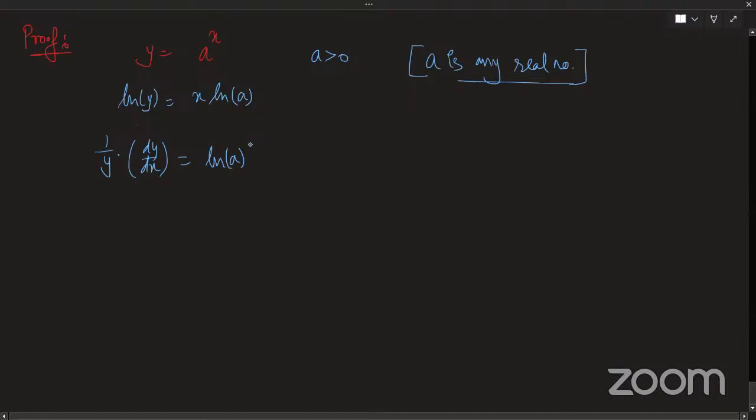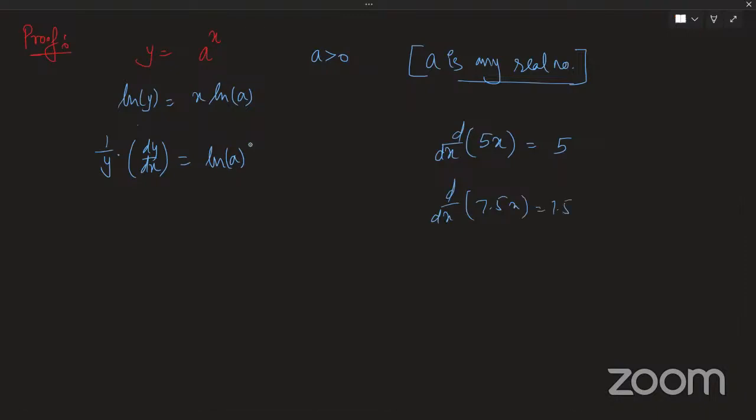So ln a, natural log of a constant, that is also constant, right? So how do you take d by dx of 5x? You just write it as 5, right? D by dx of 7.5x, you just write 7.5, constant. So over here, your natural log of a is also constant.